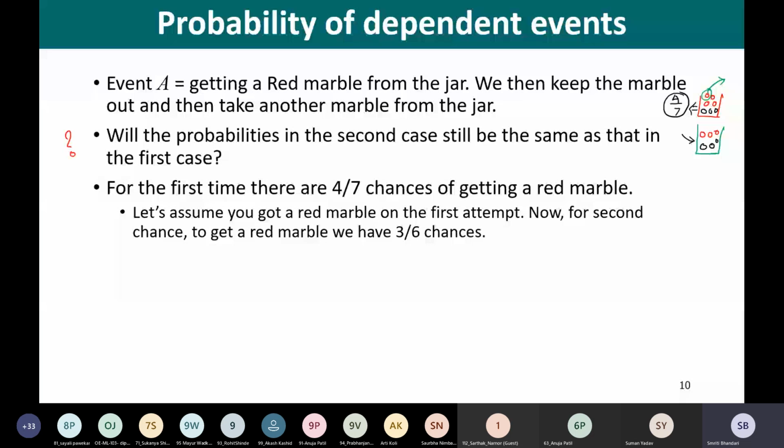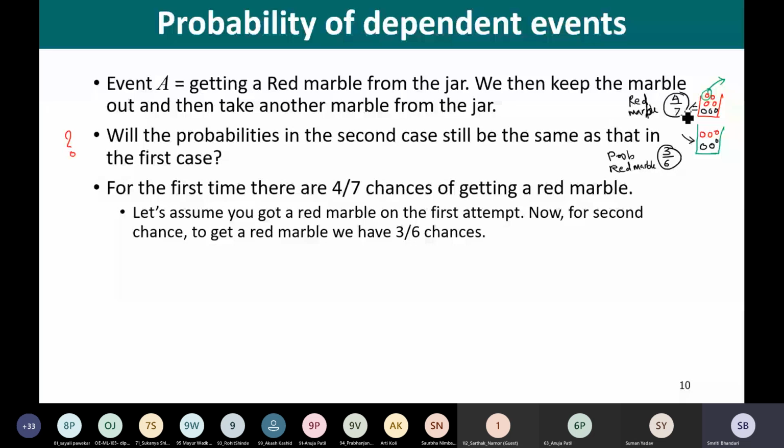Now for the second attempt, the probability of getting a red marble is 3 by 6.